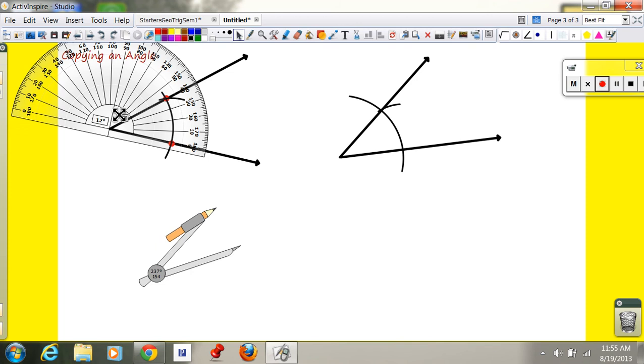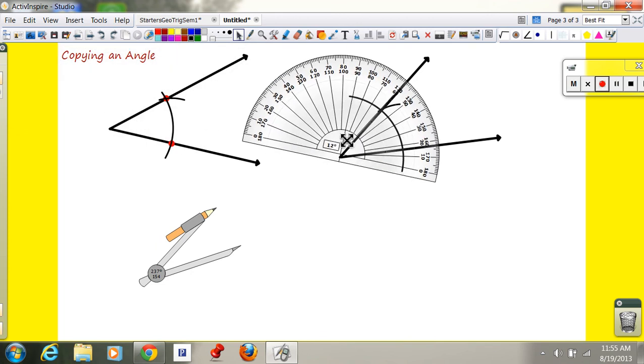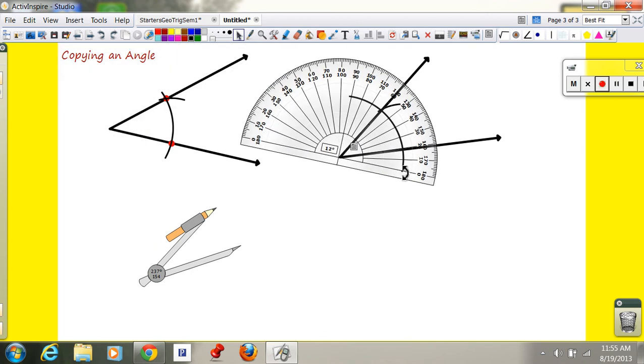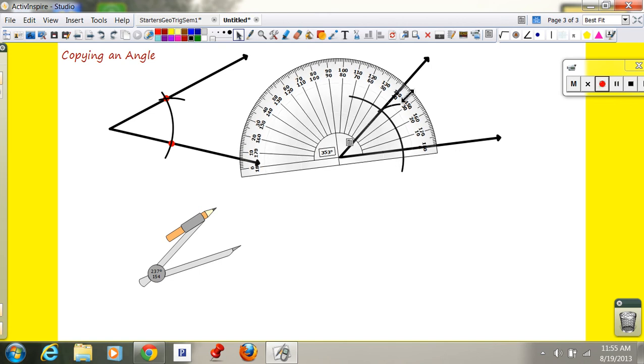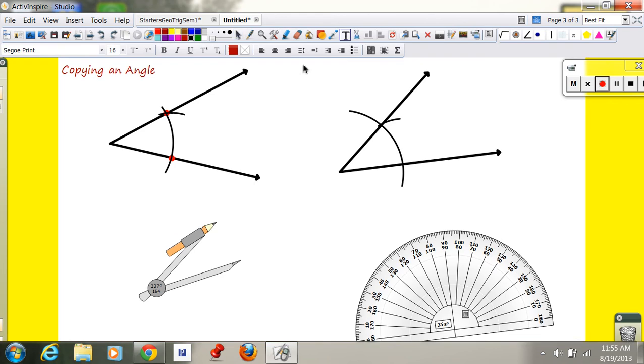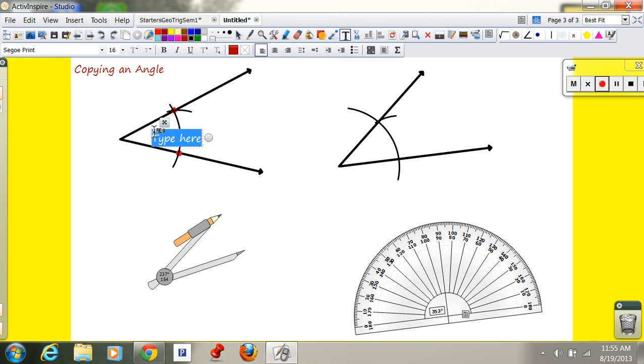If I measure my second angle, you can see it also comes out to be 40 degrees right there. So they're both 40 degrees for me. You could check your two angles and make sure they came out the same. If you don't have time, you can do that later when you get home if you have a protractor at home. That one was 40 degrees and this one came out to be 40 degrees.